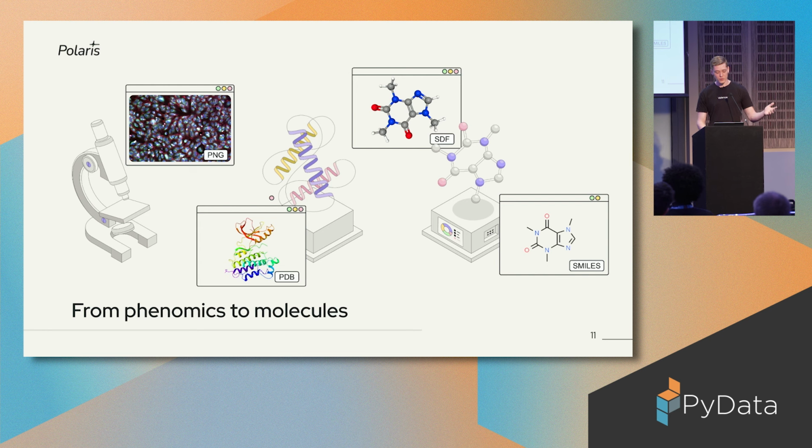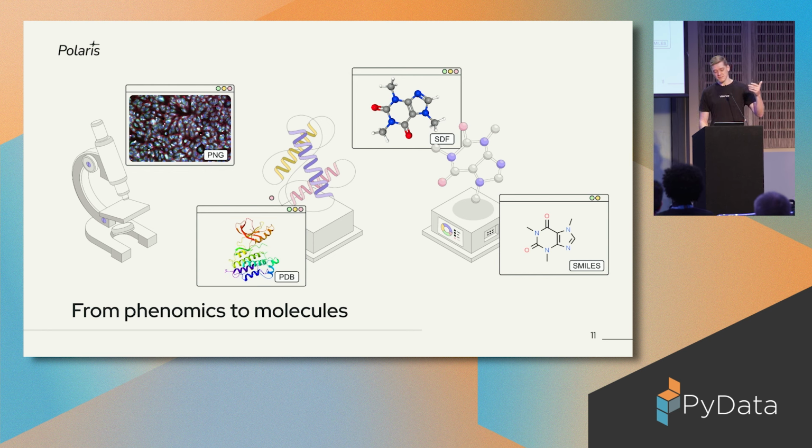But if you zoom in a little further and start working with proteins, their three-dimensional structures are typically saved as PDB files. If you zoom in even further, you might be thinking about working with molecules. Molecules are also three-dimensional structures, but they are not typically saved as PDB files. They are typically saved as SDF files.